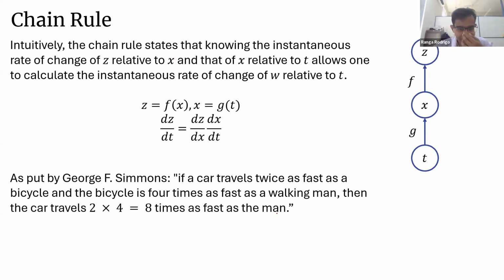First, this graph. You can see this simple function intuitively. This is called the chain rule.